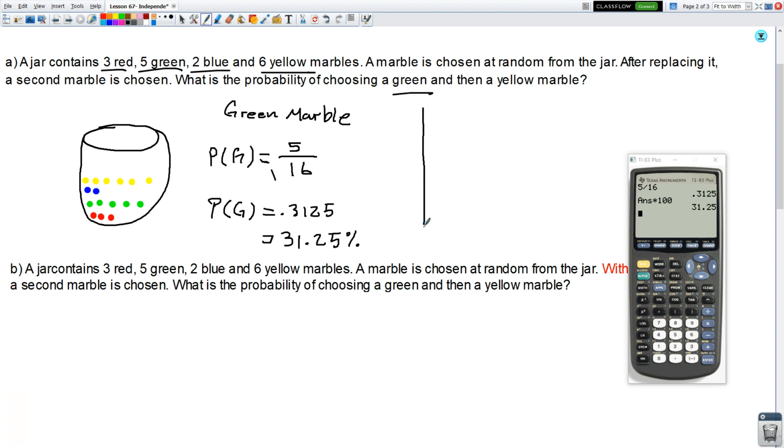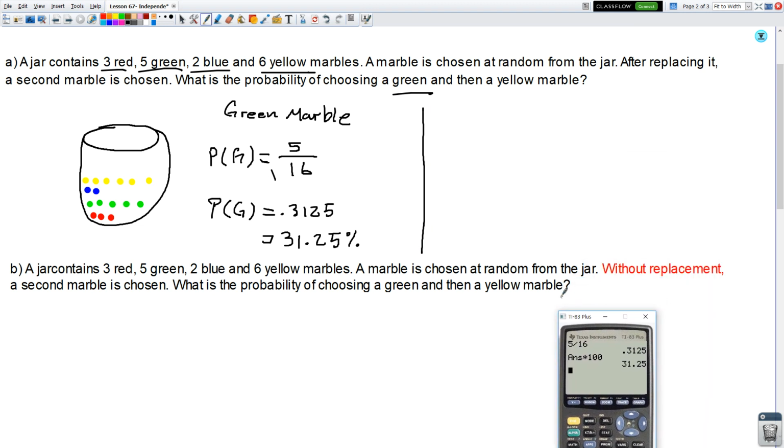So now, what is the probability for us to choose a yellow marble later on? Well, let's see here. If we're going to be choosing a yellow marble, the probability is going to be, well, we're going to see how many yellow marbles we have.